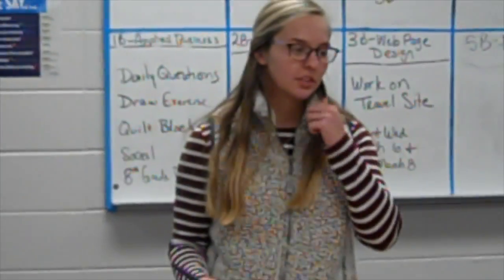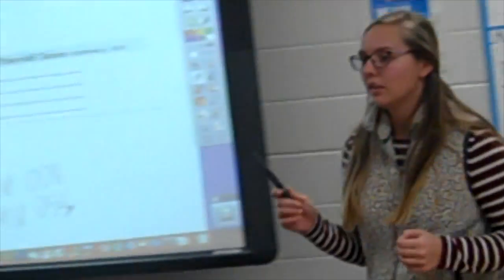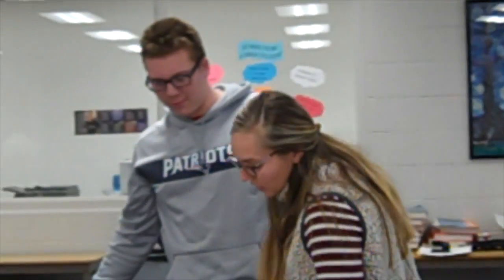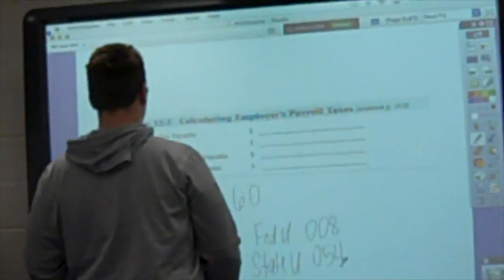Okay, so what we need to do is find our Social Security tax payable. Do I have a volunteer who wants to write these answers on the board? To find our Social Security tax, it is 0.062, or 6.2%. What do we do with that number?